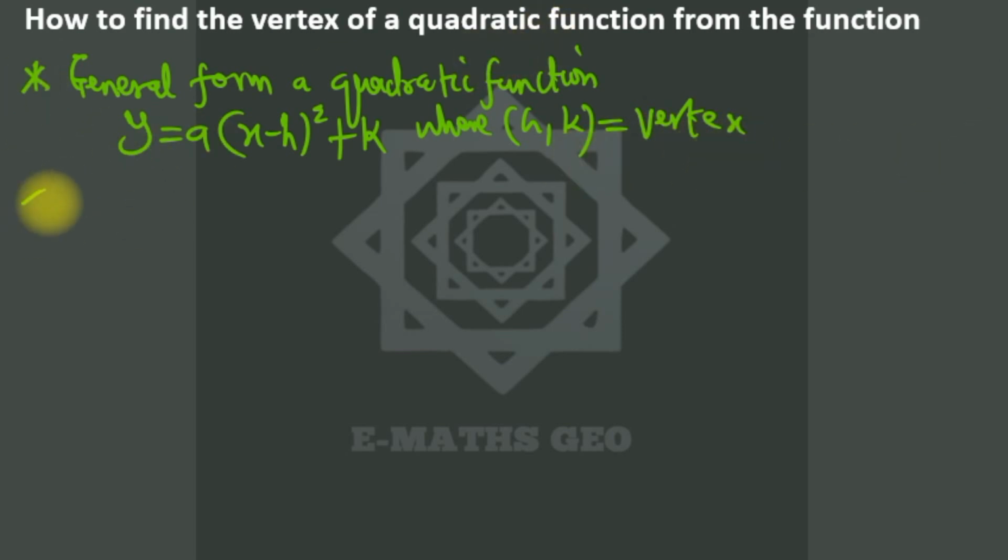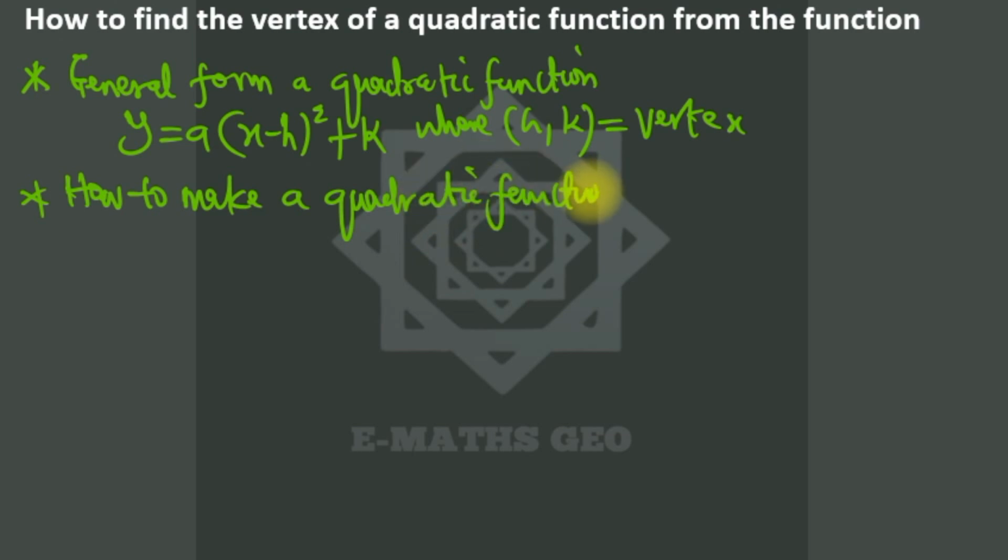So secondly, how to make a quadratic function a perfect square. Because if you look at the general equation, here is a perfect square.